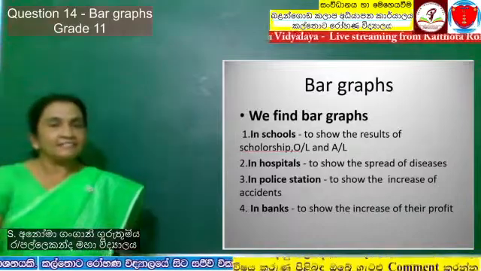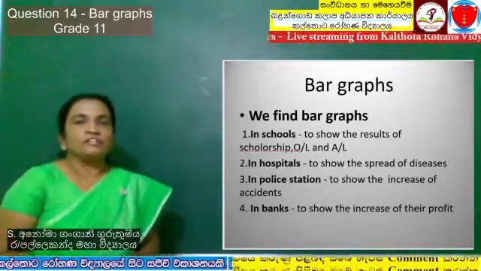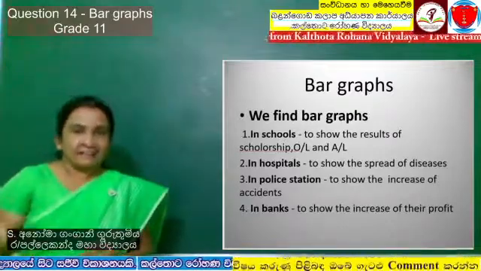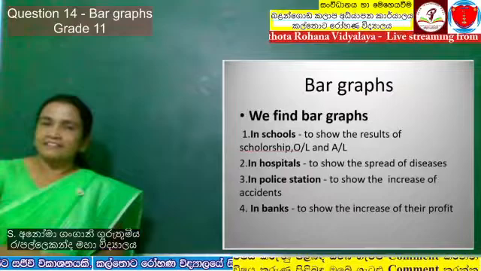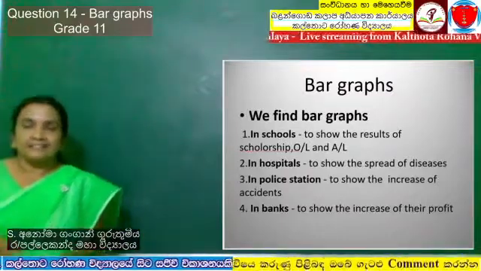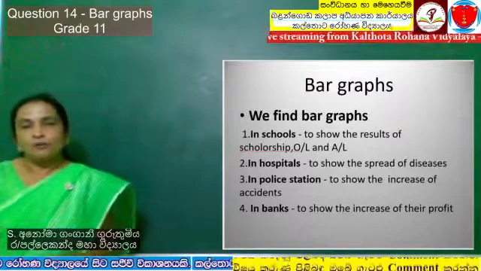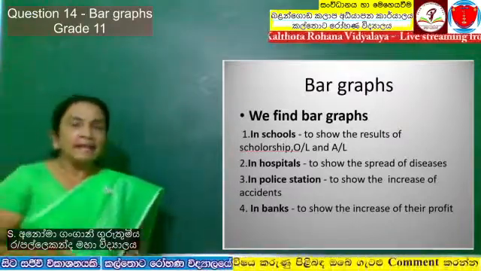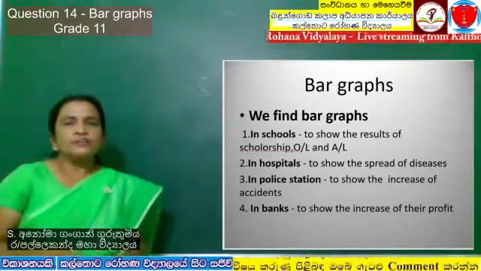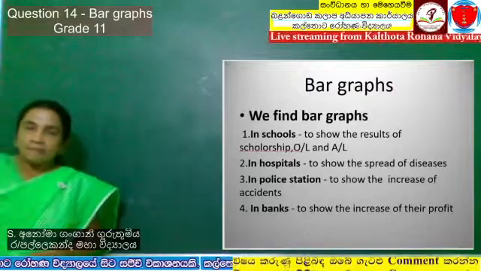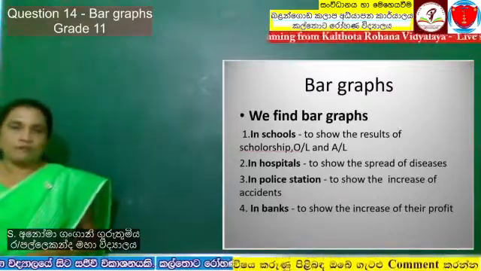In hospitals, to show the spread of diseases like dengue and malaria. In police stations, to show the increase of accidents day by day or year by year. In banks, to show their profits going up or going down.